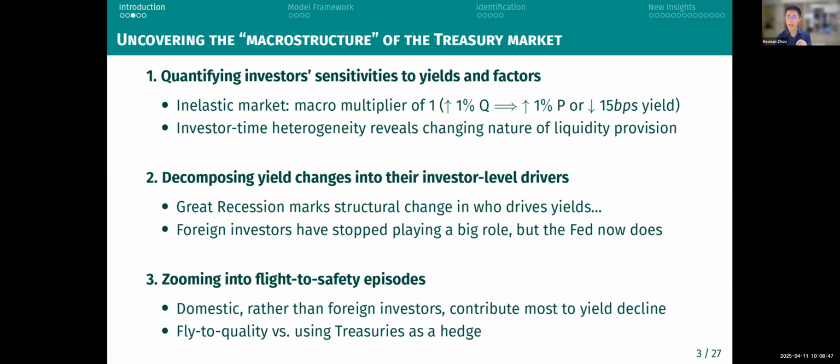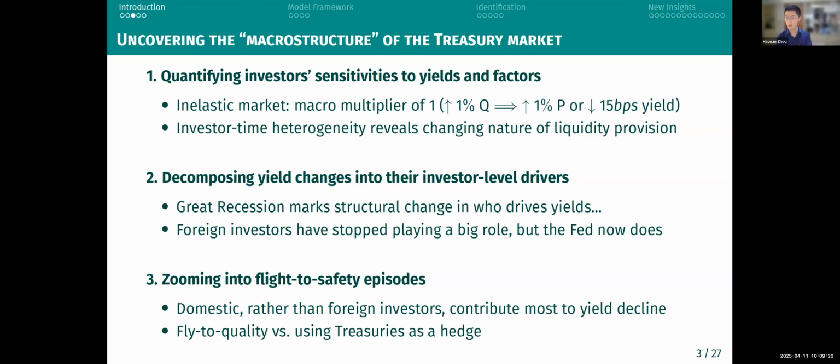So just to unpack this number a little bit. This is basically saying that if I have a 1% increase in demand, or a 1% demand shock as a share of the market, which you can roughly think of on average across our sample period, 2003 to 2023, as around $100 billion, our estimate suggests that for a market portfolio of US Treasury notes and bonds, it's going to result in a 1% increase in prices.